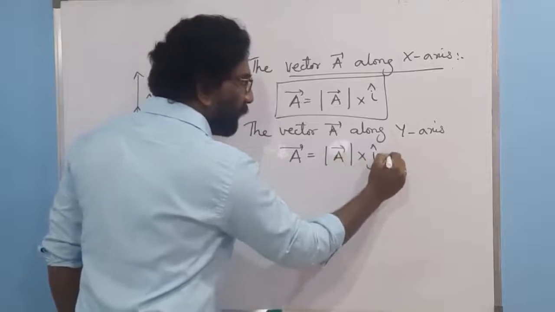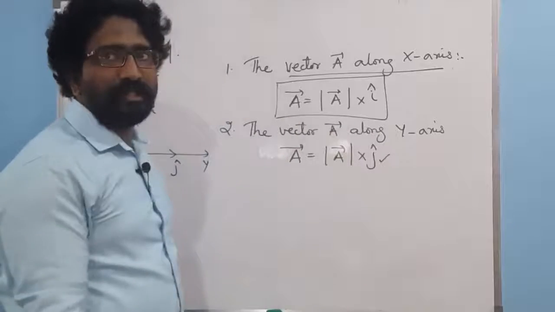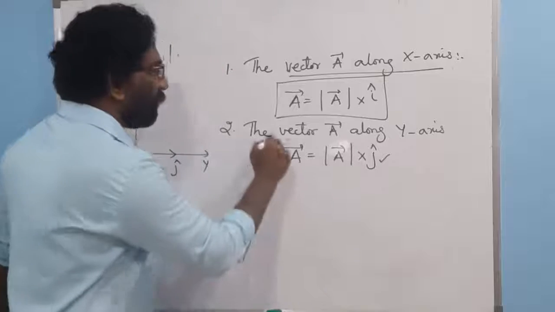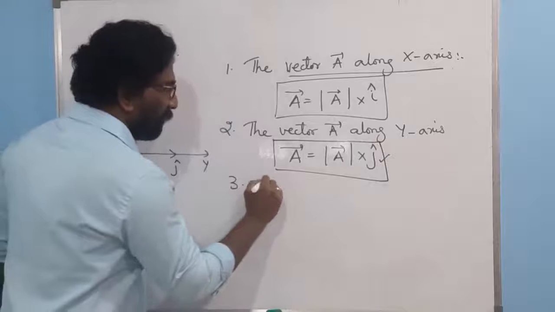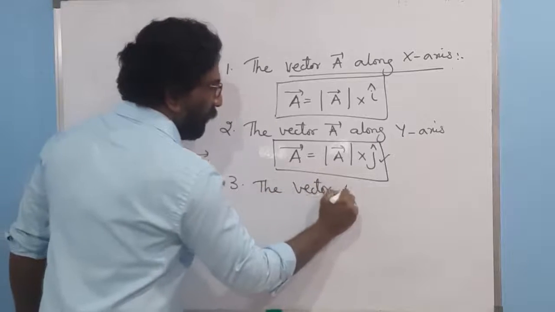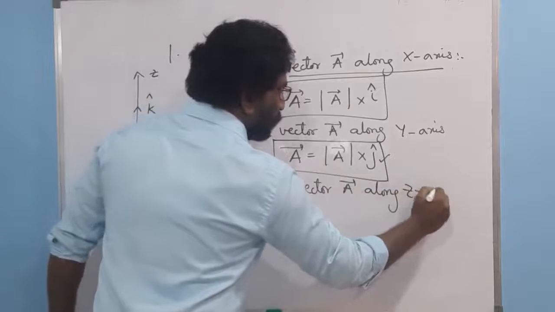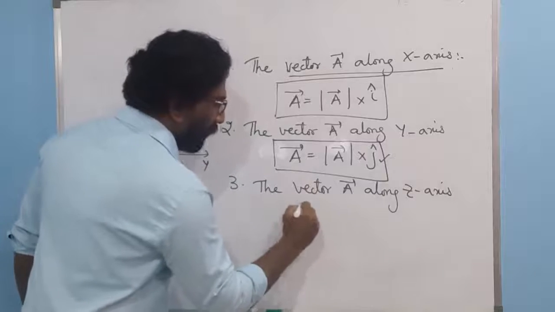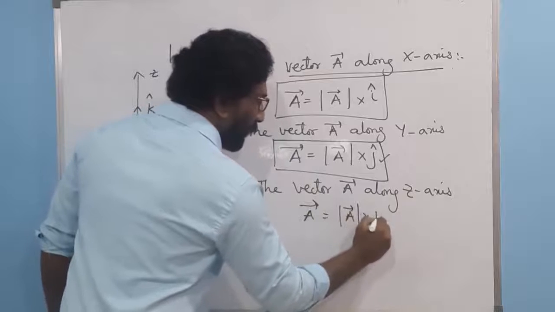This j indicates that your vector A is traveling in the direction of the y-axis. Similarly, if the vector A is along the z-axis, then vector A equals mod of vector A into k cap.